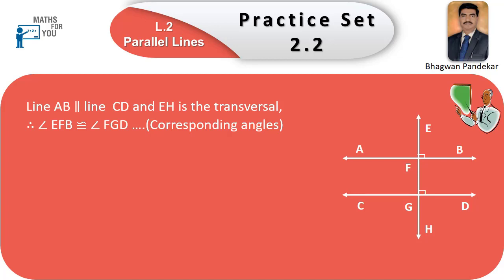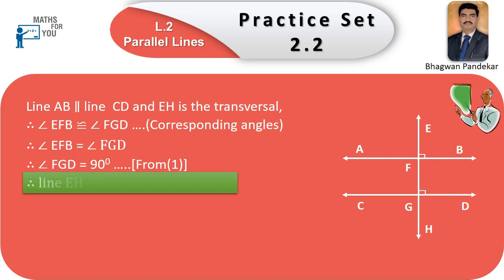Reason: corresponding angles. Therefore, angle EFB is equal to angle FGD. Therefore, angle FGD is equal to 90 degrees from equation first. Therefore, line EH is perpendicular to line CD, hence the proof.